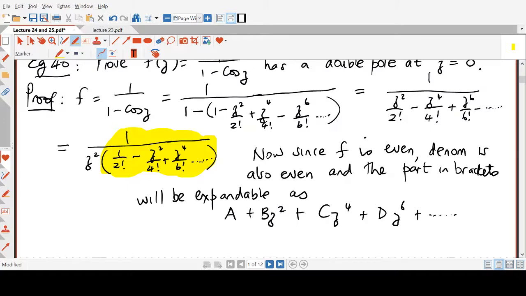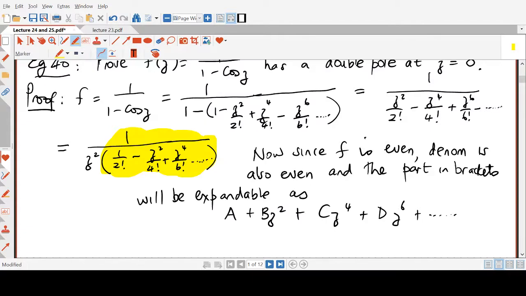So you've got to find a way. Can you write this as a power series like that? The answer is yes. As I said, as long as you can differentiate something infinitely, you can always put it in the shape of a power series. And I have also argued that the terms will all be even powers because this is even. Cos is even. In any case, how do you know something is even? If you replace z by minus z, it stays the same. It's symmetric about the y-axis, remember.